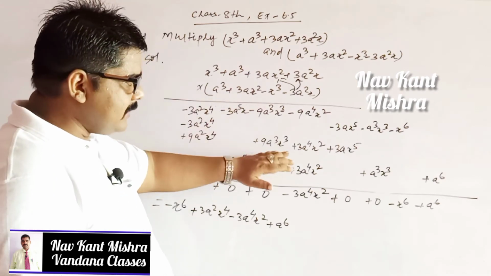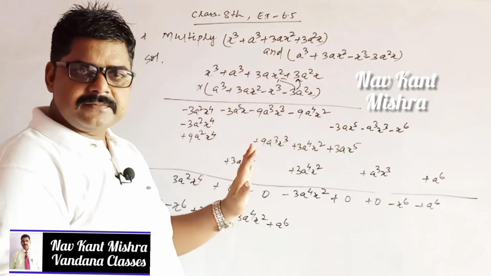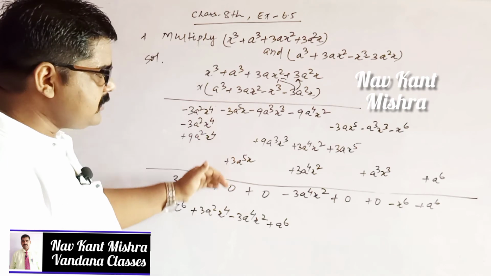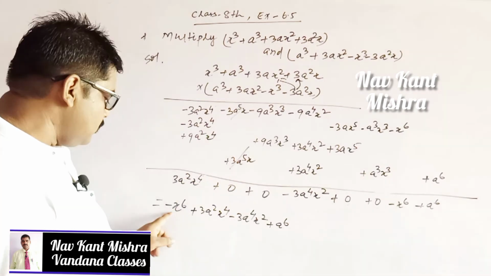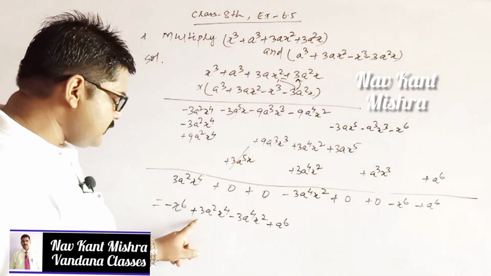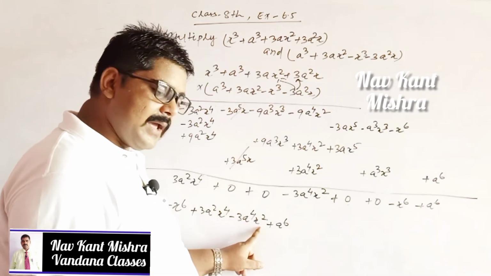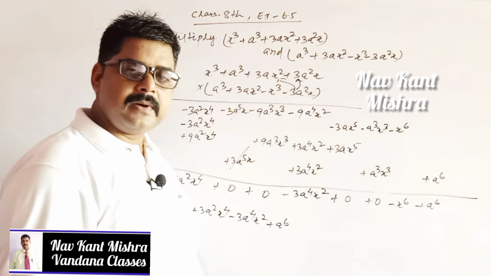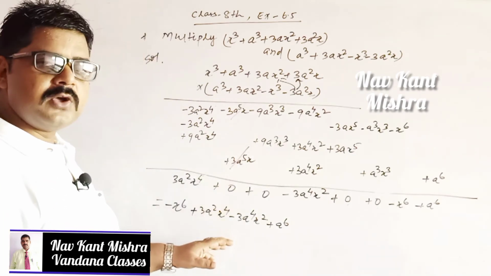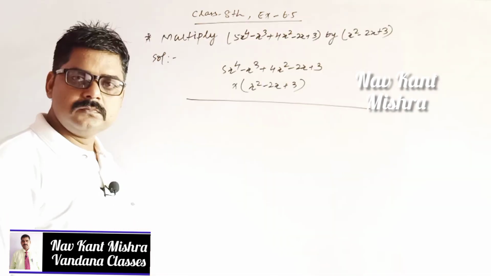After multiplying and simplification, you get minus x to the power 6 plus 3a square x to the power 4 minus 3a to the power 4 x square plus a to the power 6. That will be the solution of this question.